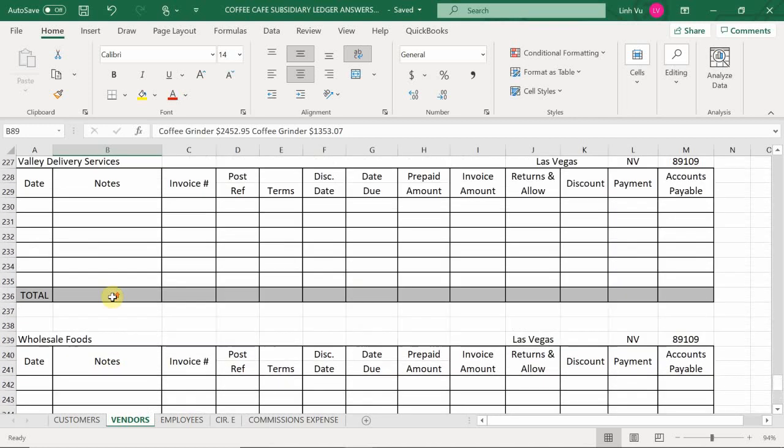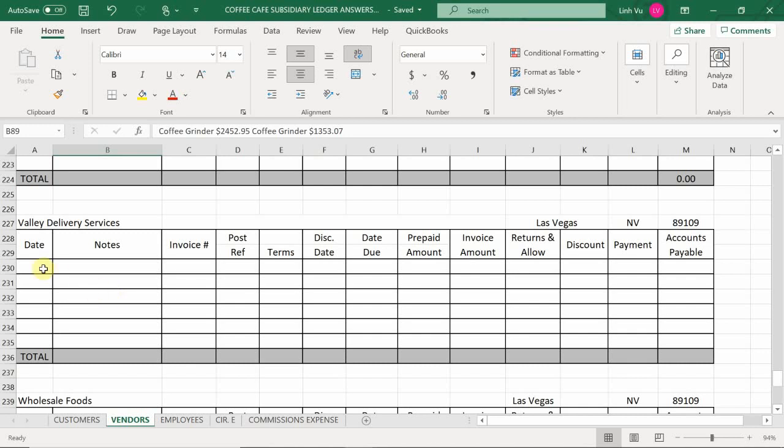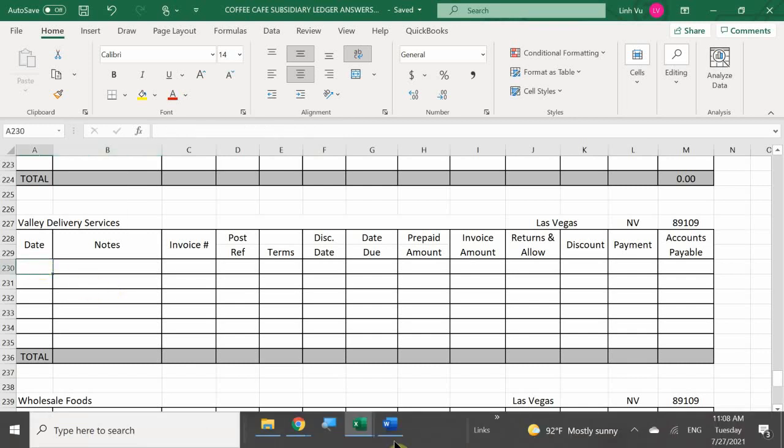If I need anything from them, or I need to ship back or return the coffee brewer or coffee grinder, I have to go through them, because they're probably the ones picking up the stuff. That means we have to pay them once again to ship the items back to the vendor. But in this case, I just need to make a record here because I wrote a check.